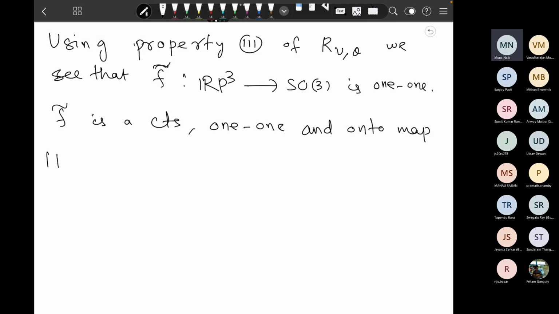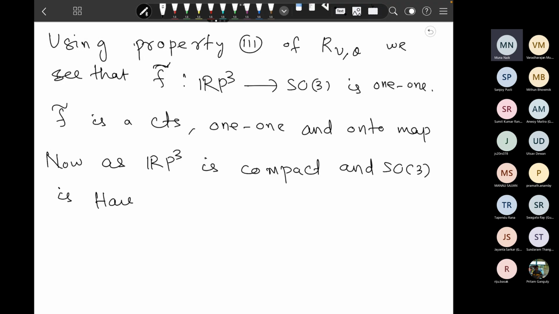Now as RP3 is compact and SO3 is Hausdorff, this f tilde is a homeomorphism.